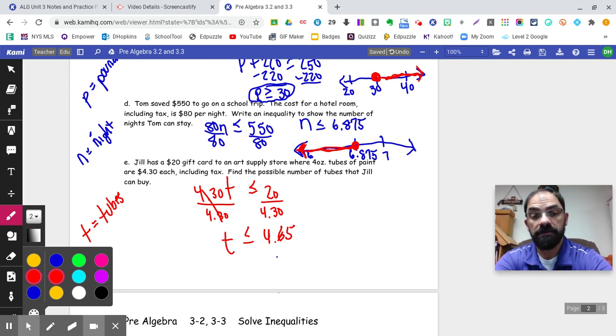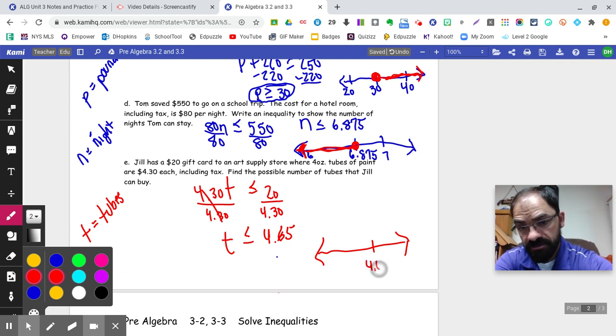And again, can she buy that 5th tube? No way. She doesn't have enough money. Again, closed circle.